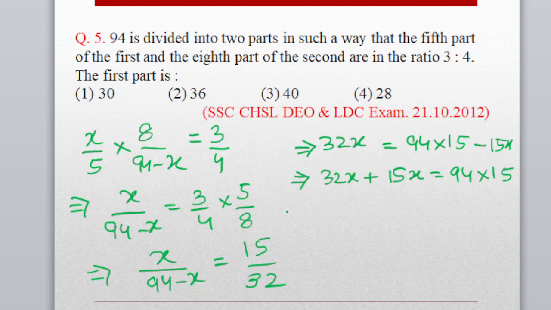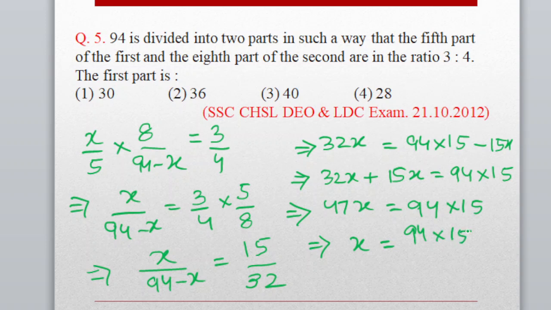So this implies 47x is equal to 94 into 15. Now this implies x is equal to 94 into 15 by 47.